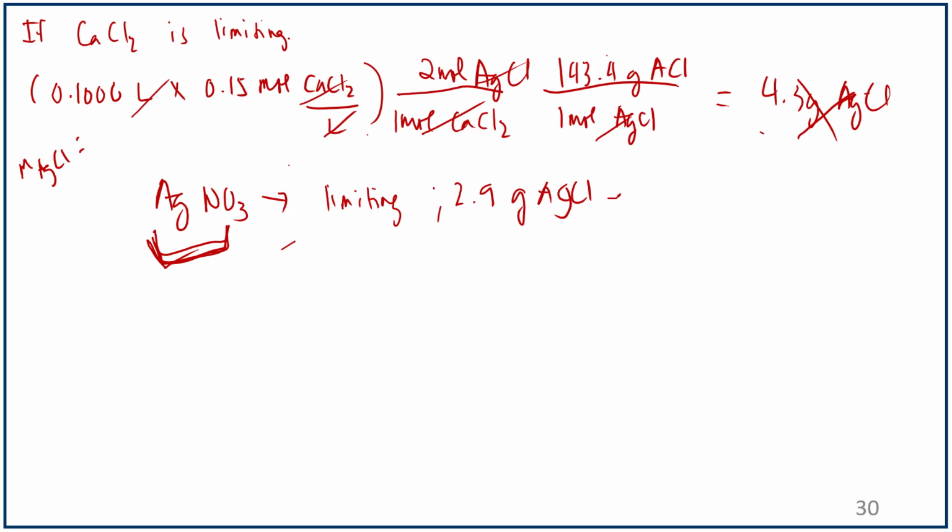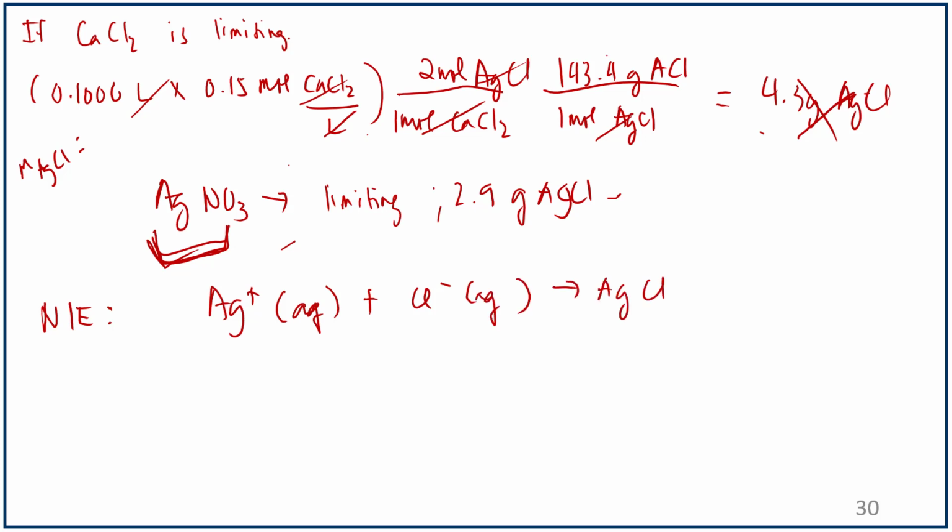It is one of our spectator ions. So let's consider the net ionic equation. Again, this is the actual reaction which happens in order for you to form silver chloride. NO3, the nitrate ion, is just a spectator. Another spectator will be calcium from calcium chloride. So again, these two are just spectator ions.